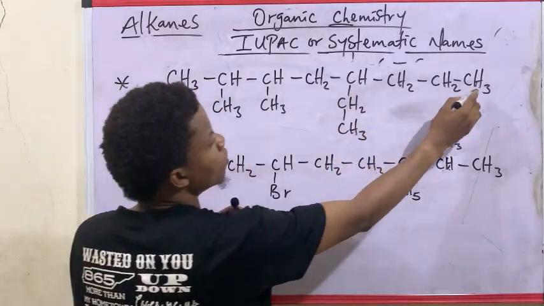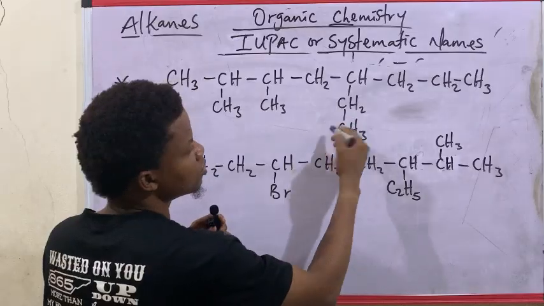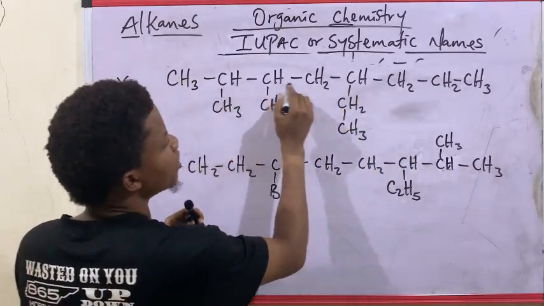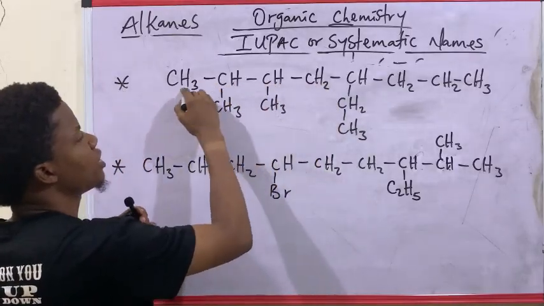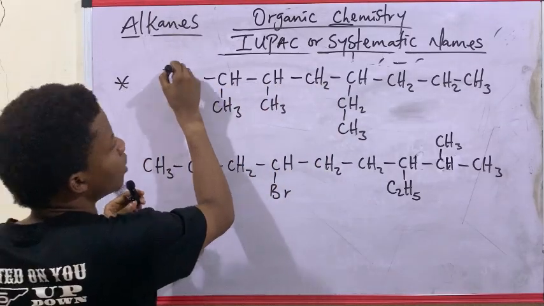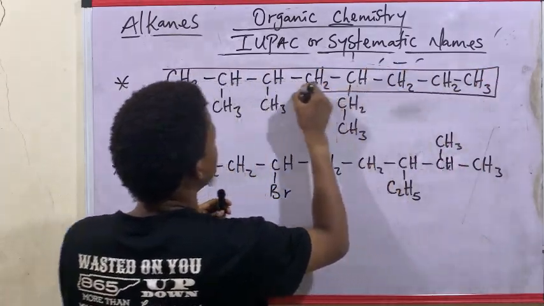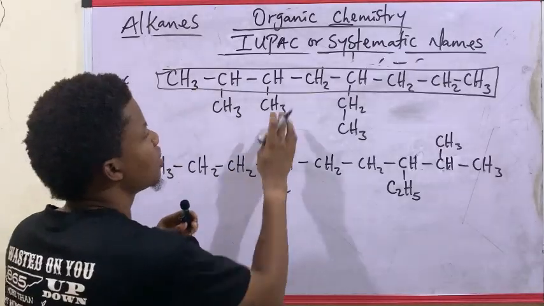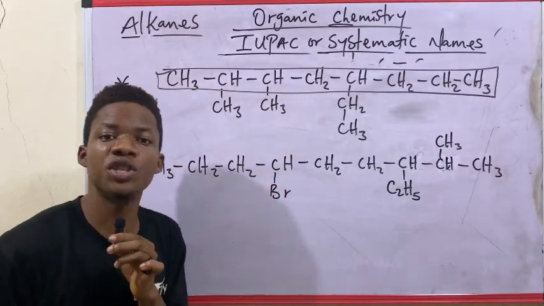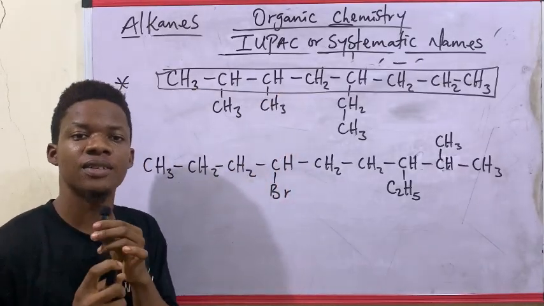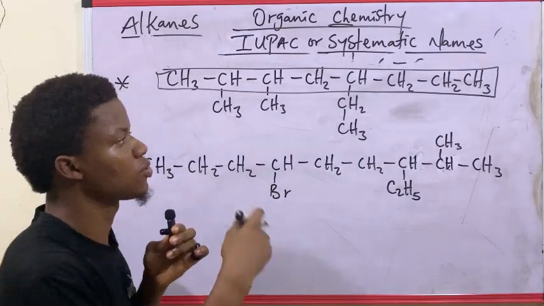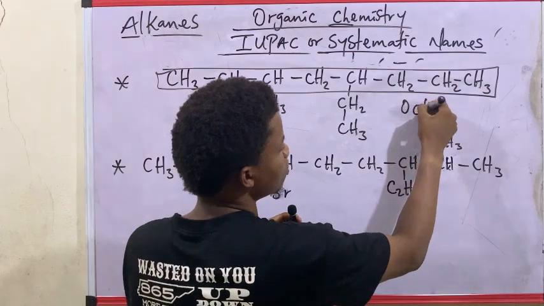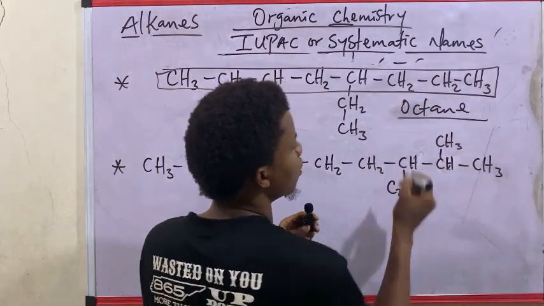So definitely our longest continuous carbon chain is 8. And which alkane has 8 carbons? Octane. All right. So octane has 8 carbons.